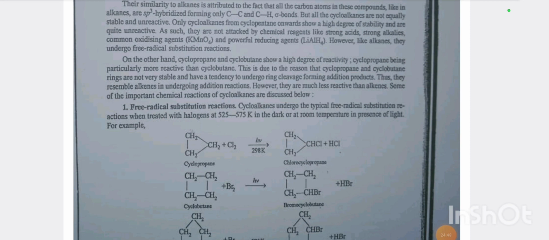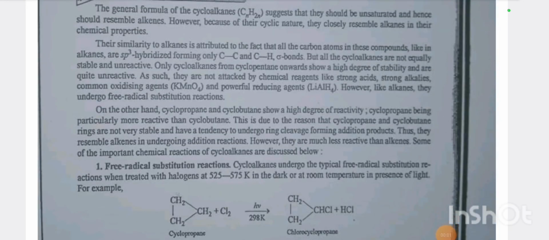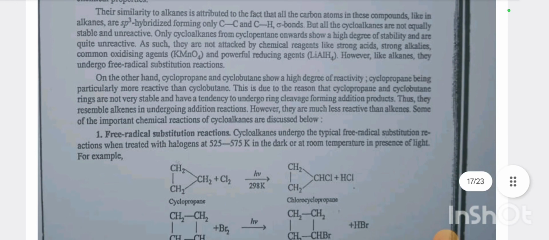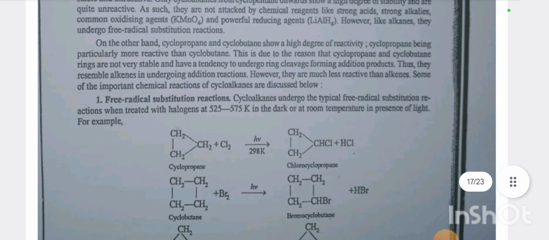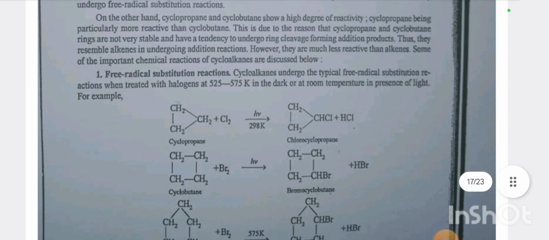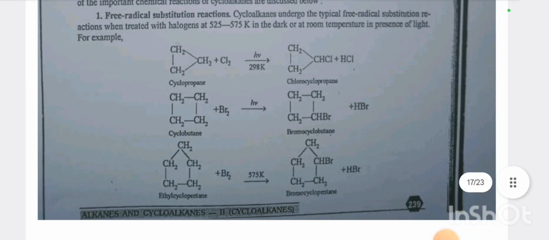But all the cycloalkanes are not equally stable or unreactive. Only cycloalkanes from cyclopentane onwards show a higher degree of stability and are quite unreactive. As such, they are not attacked by chemical reagents, strong acids, KMnO4, LiAlH4, or free radical substitution reactions.